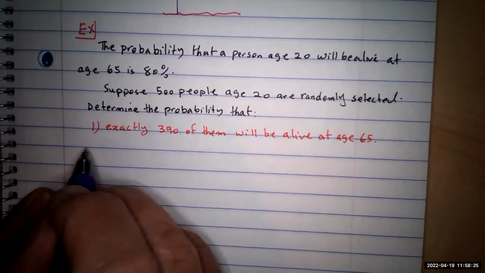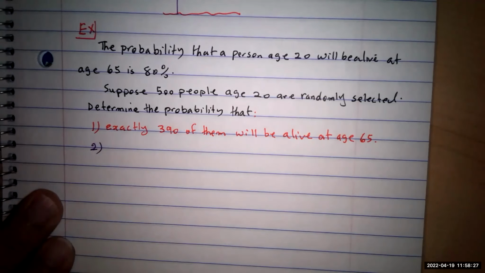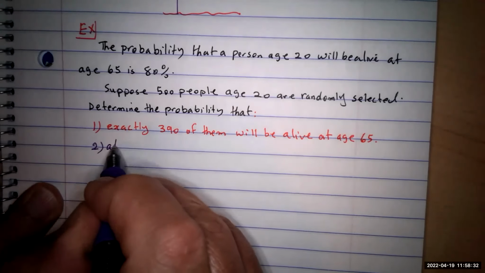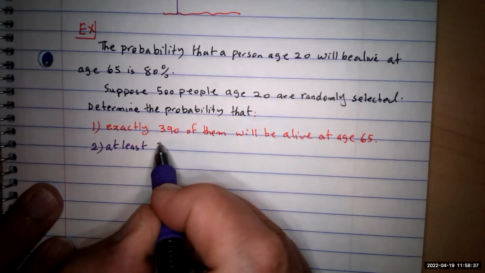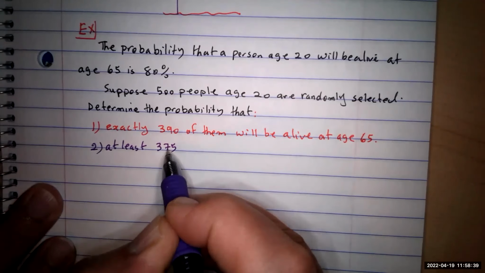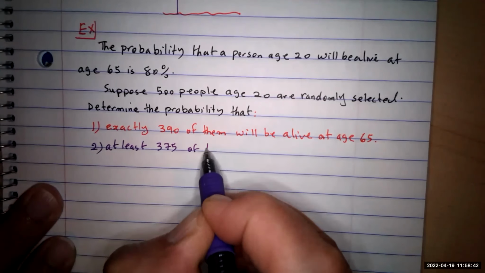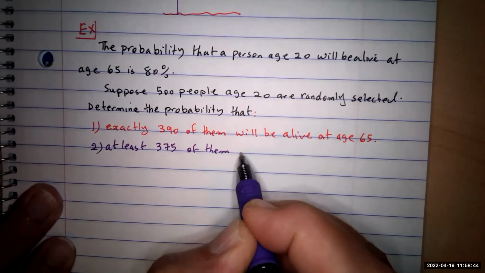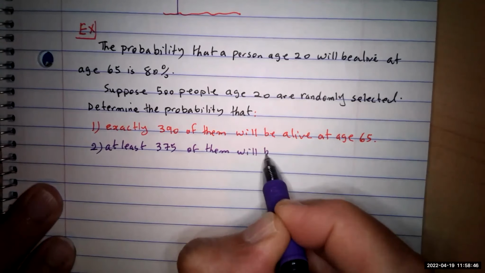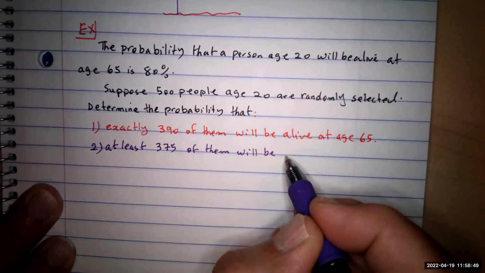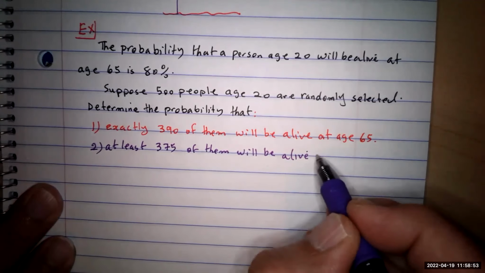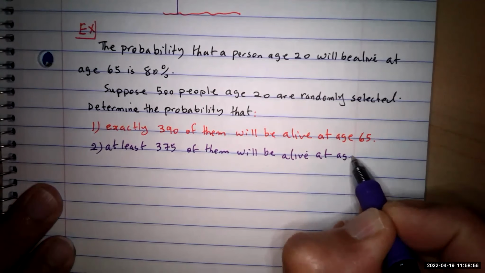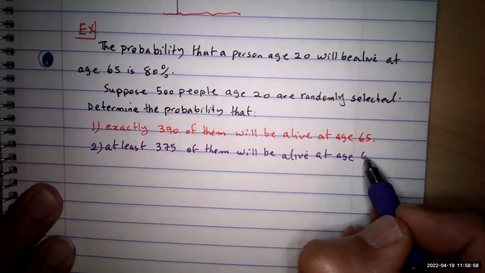The second case is going to be at least 375 of them will be alive at age 65.